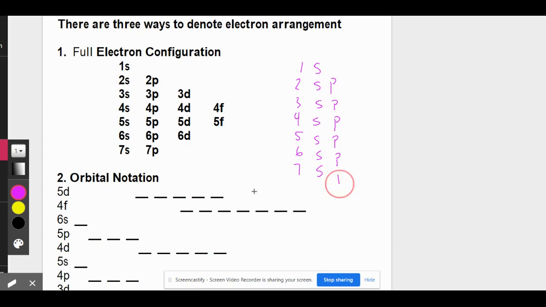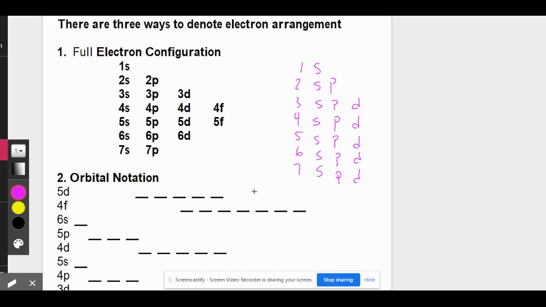Okay, remember the number of different orbital shapes that each energy level has corresponds to that energy level. So s and p is all the second energy level has. Energy level 3 has s, p, and d, as do the following energy levels.